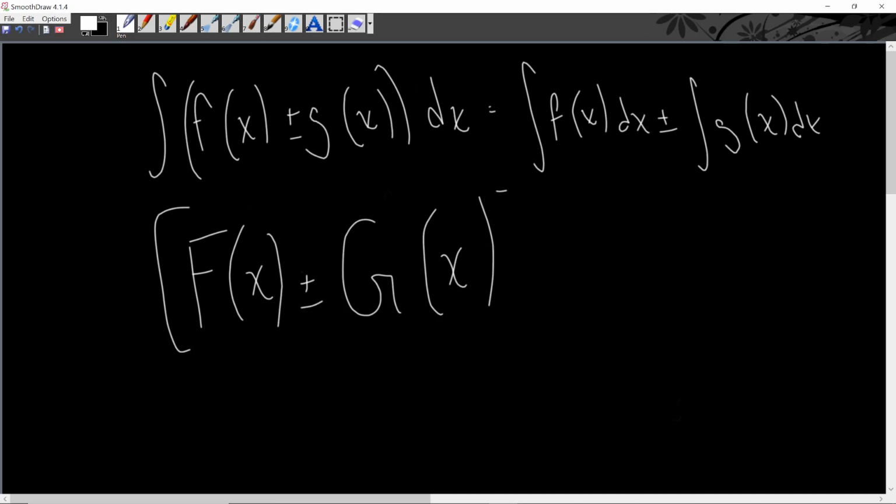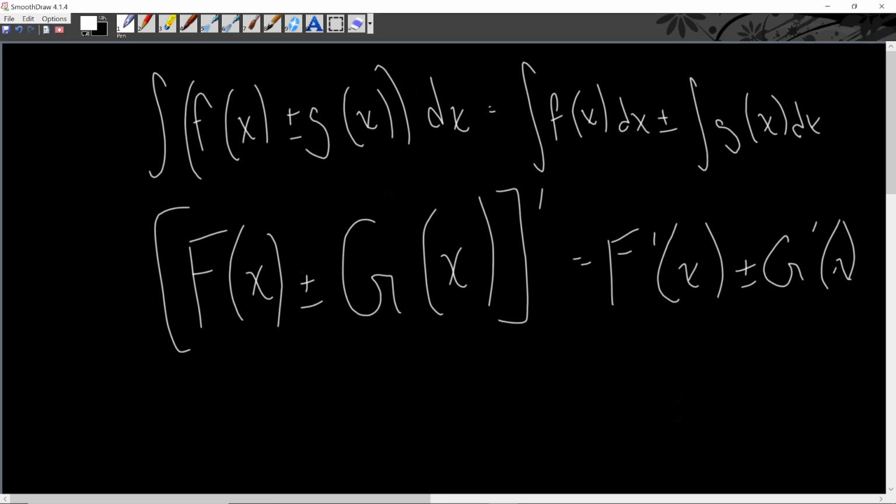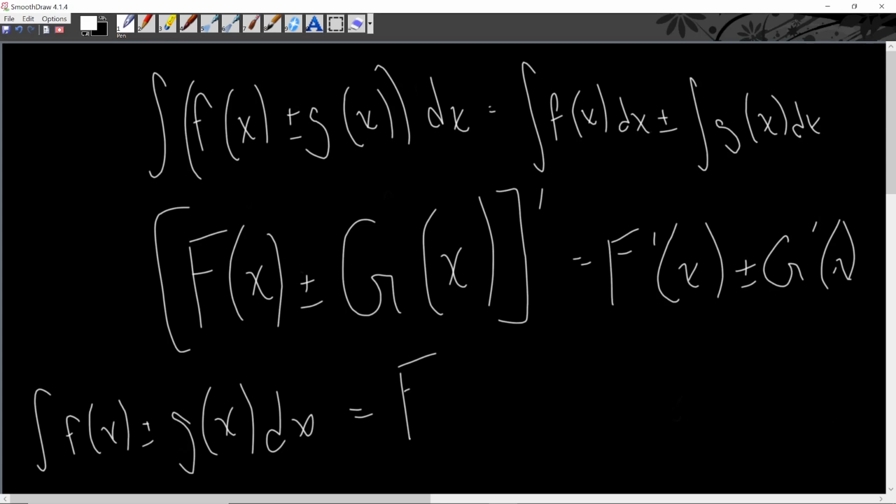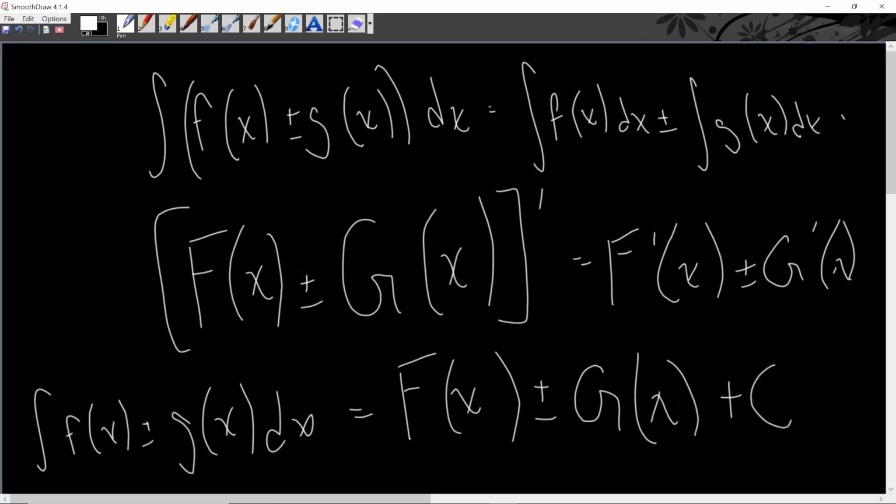This derivative is equal to f prime of x plus or minus g prime of x, and that means that the integral of f of x plus or minus g of x dx is going to be equal to big F of x plus or minus big G of x plus C, which is, again, just a different way of writing our first step.